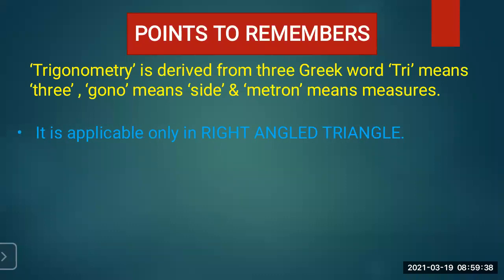Now this is very, very important, students, that this concept of trigonometry is applicable to three side measures. The three-sided geometrical figure is the triangle. But in triangle, there are various types: equilateral triangle, scalene triangle, isosceles triangle, right angle triangle.